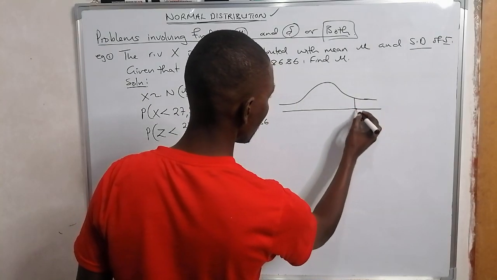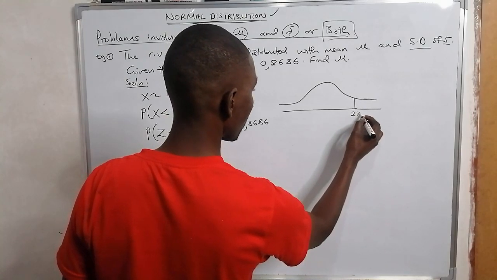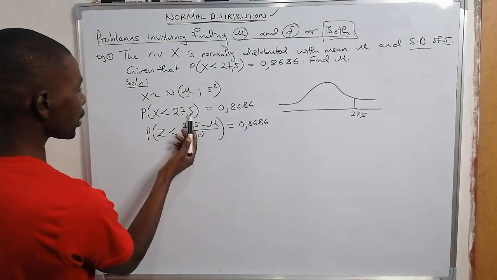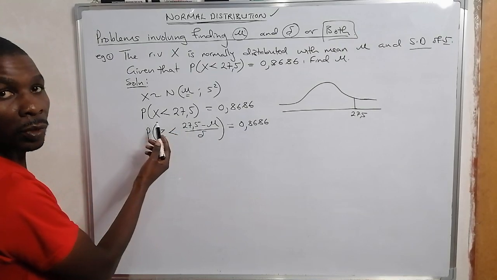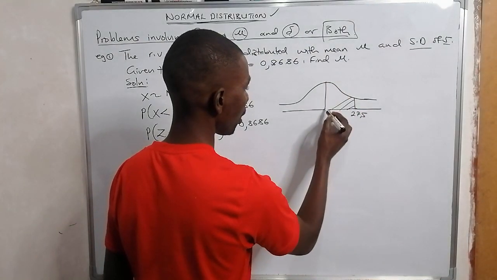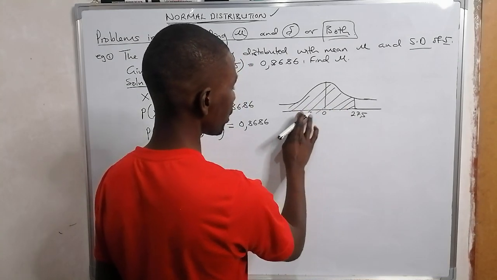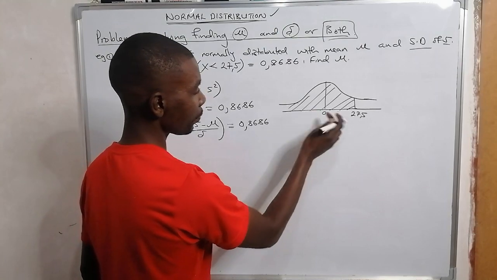We want those items which are less than 27.5, which means we want this region. Remember, our 0 is here. This shaded region is more than 50%.